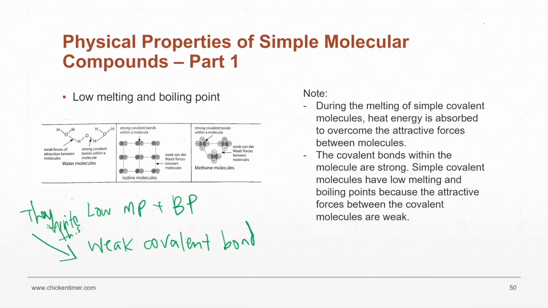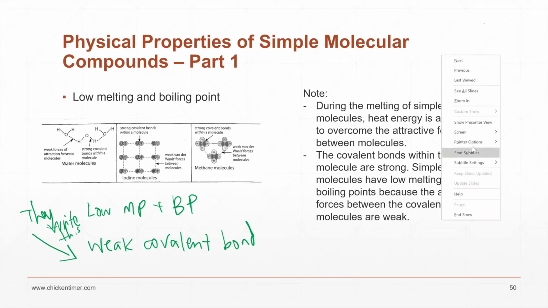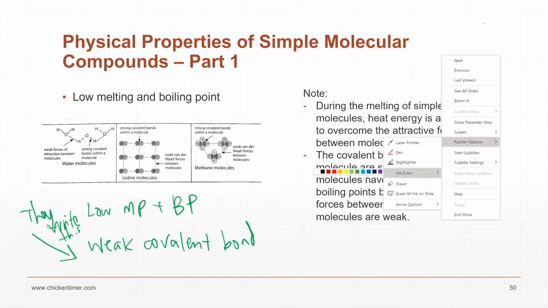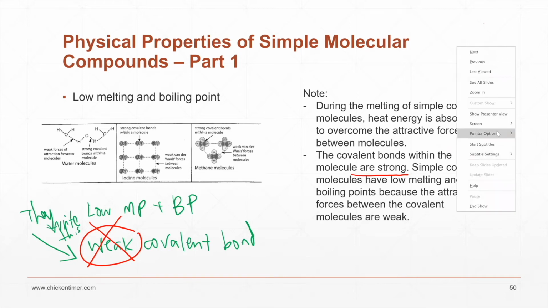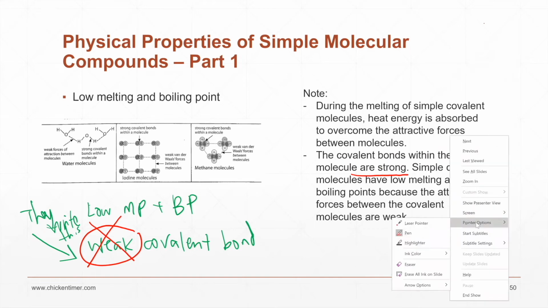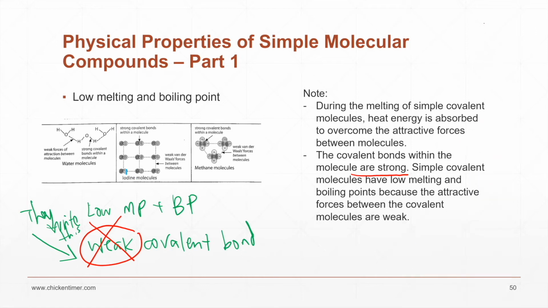A lot of people make this mistake. I want to bring this point across to you that covalent bonds are not weak. You should write this: they have low melting and boiling point because the attractive forces between the covalent molecules are weak. This is the reason, not weak covalent bonds.